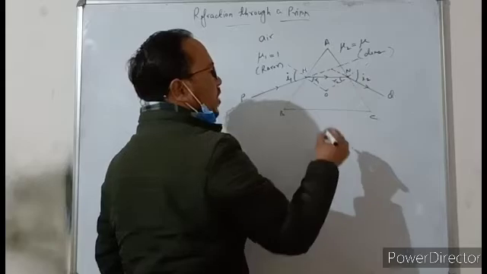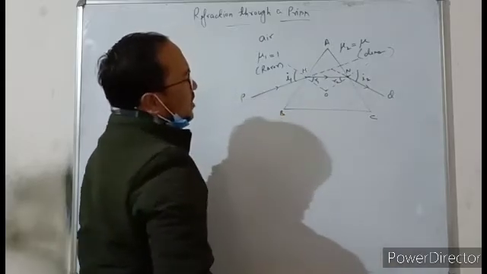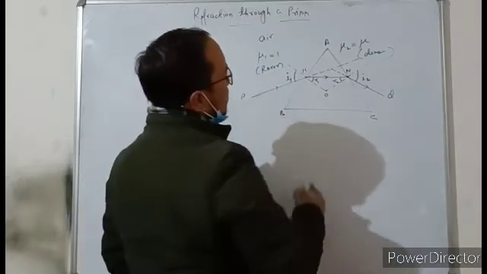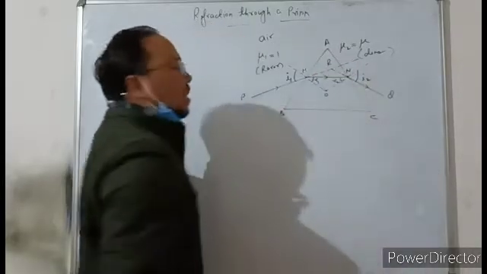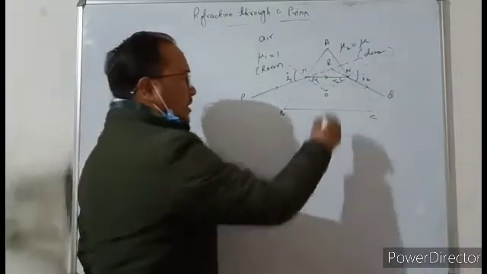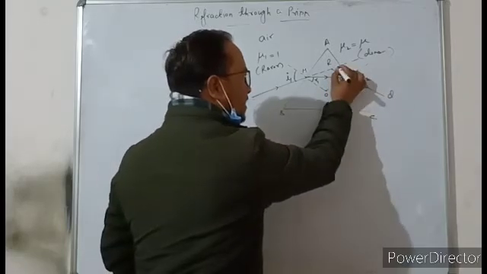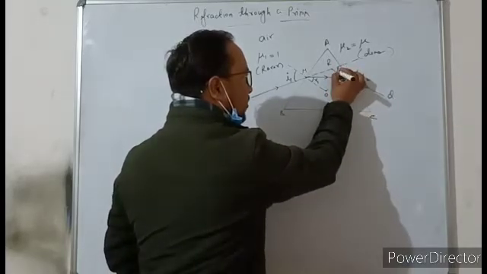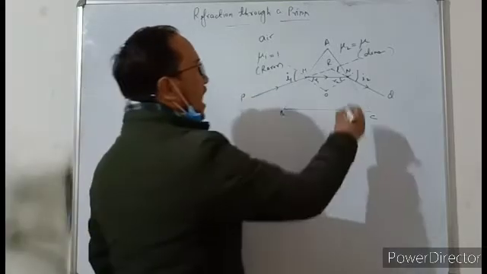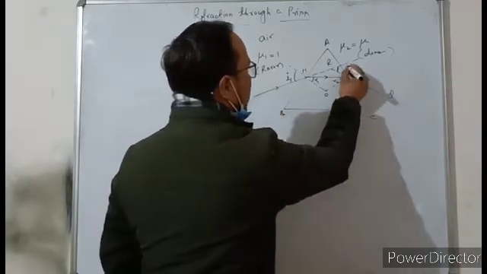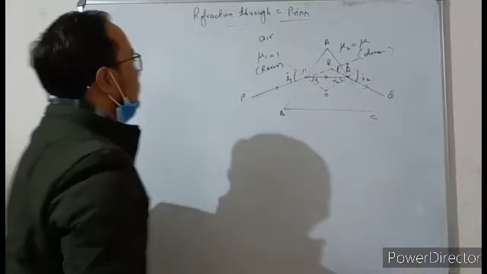They meet at this point, and this point is taken as R. So the angle between incident ray and emergent ray is taken as angle of deviation, and angle of deviation is denoted by the symbol delta.